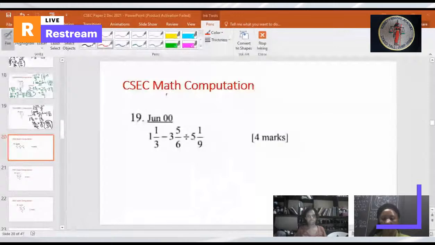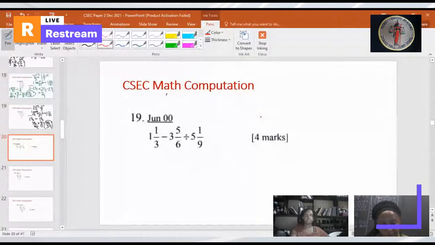Miss, so for this one, we are going to subtract the first stuff. Okay, one and one third minus three and five... Which section are we going to work first?